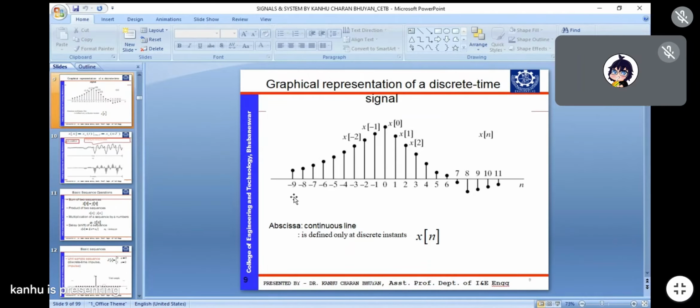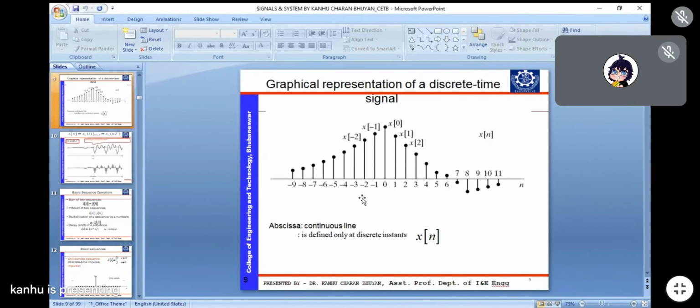Then x of minus 9, means n equal to minus 9, its value is 1, 1.5, 2, 3, 3.5, 4, 4.5, 5.